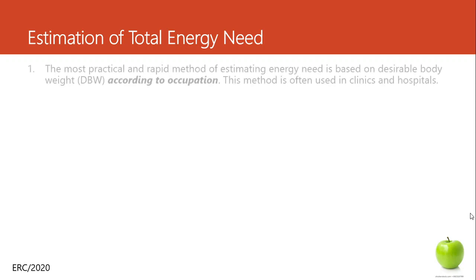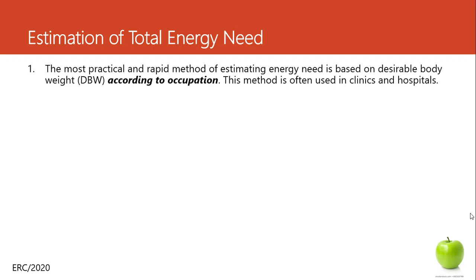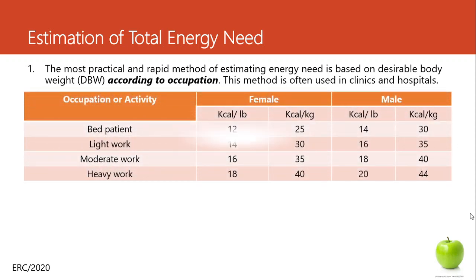Okay, estimation for the total energy need. The most practical and rapid method of estimating energy need is based on the desirable body weight, according to occupation. This method is often used in clinics and hospitals. For example, the occupation or the activity is bed patient, or lightweight, or moderate weight, or heavyweight. For the female, we have 12.